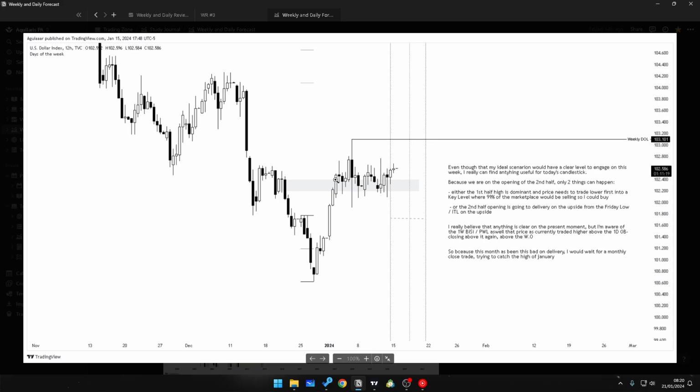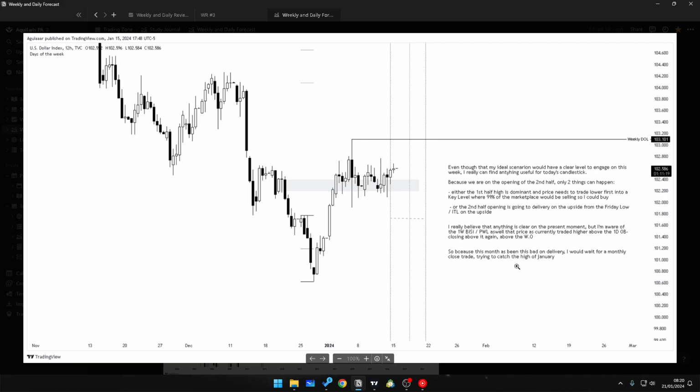Follow my cursor. So if we retraced back to it, then we would like to see price reject lower. But because we acknowledge that the shift and the change in state of delivery has been made, then we want to see this bearish order block be a place of accumulation on the upside. So you see price breaking above it, and then it's highly likely that it's going to continue on the upside.